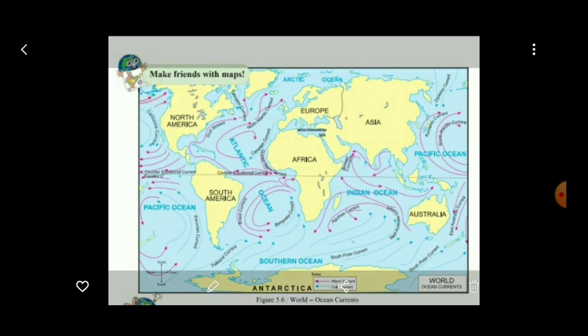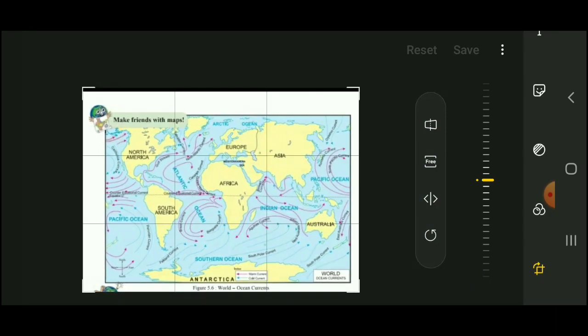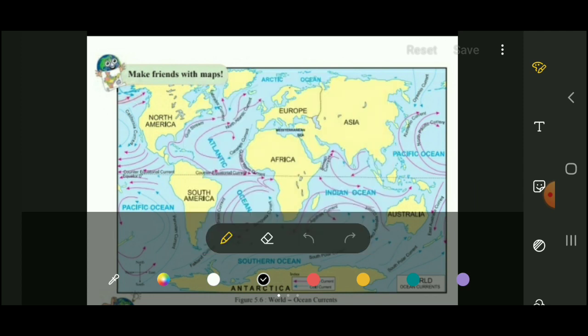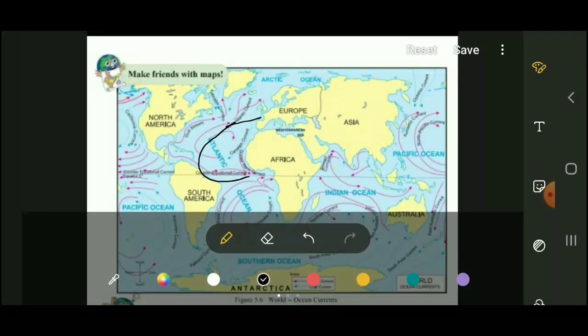For example, if you see the hot current which is moving from the equatorial area here, and as it is moving up, it will keep these coastal areas of this part of Europe at a higher temperature.